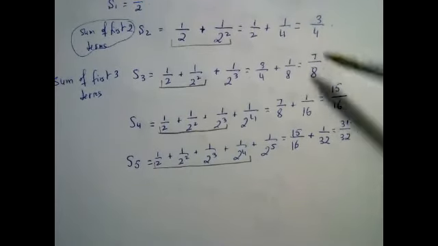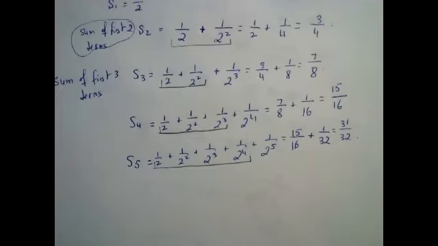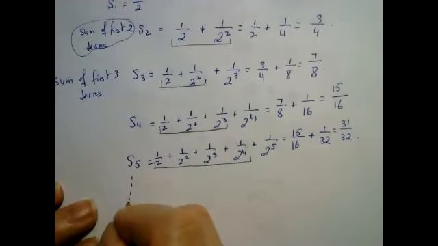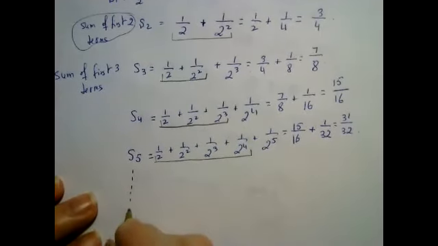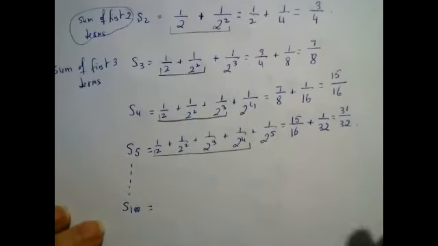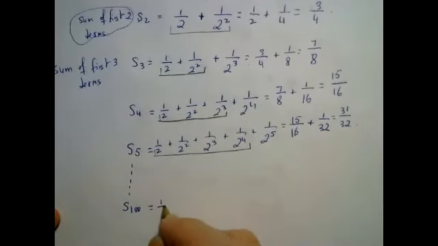If we watch carefully, there is a certain pattern that is trying to show up. Can anybody see the pattern? We're getting closer and closer to 1. Yeah, what is the pattern? So for example, if I add the first 100 terms, what do you think is going to be the answer?